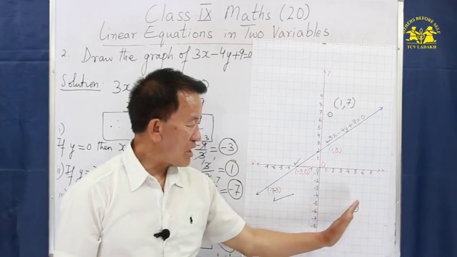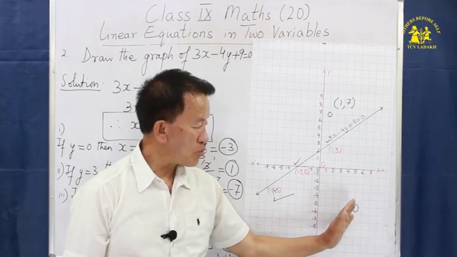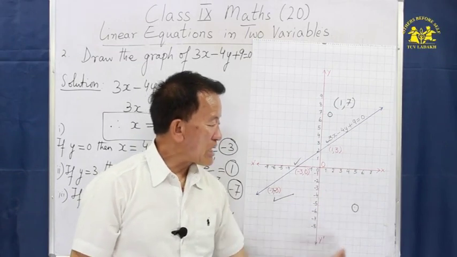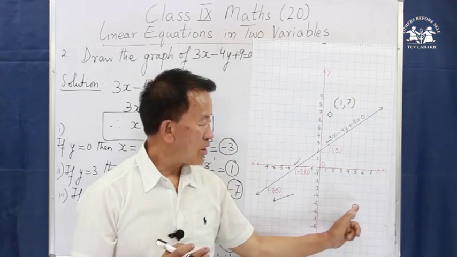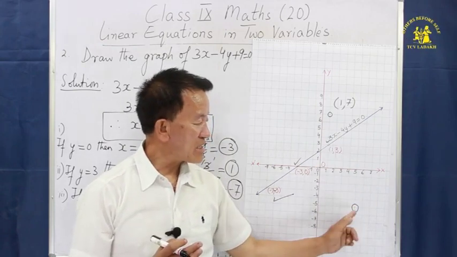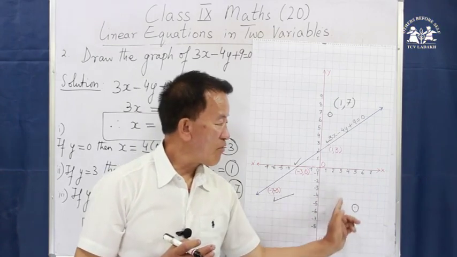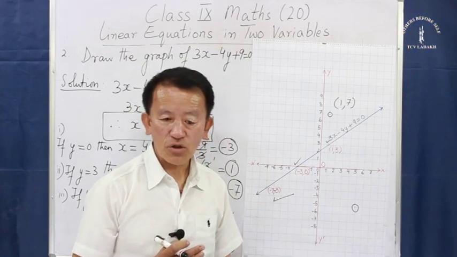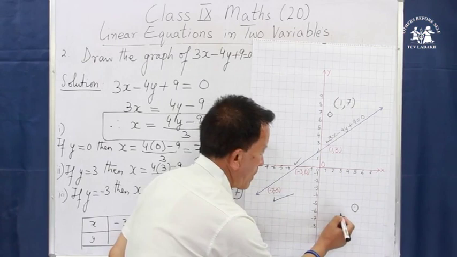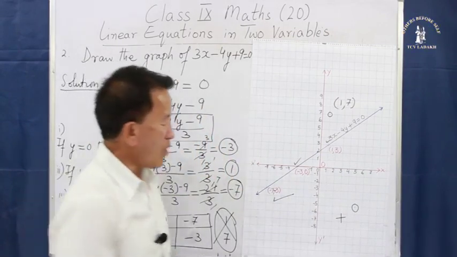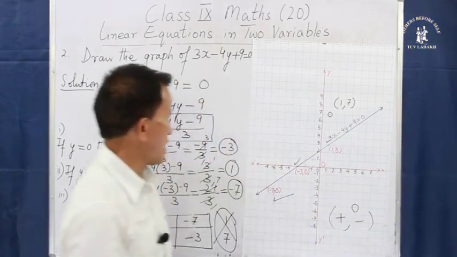So any point in the fourth quadrant is not a solution. In the fourth quadrant, x coordinate is positive, y coordinate is negative, right?